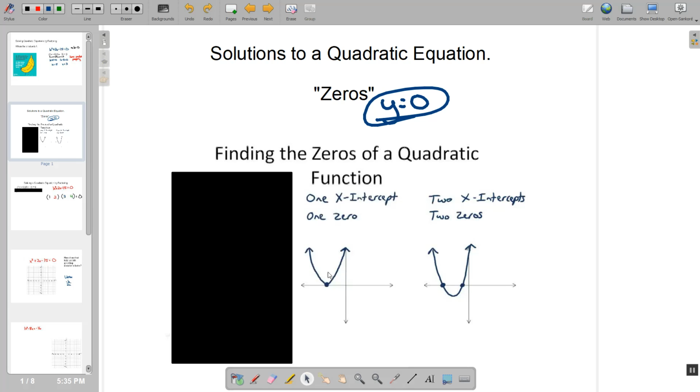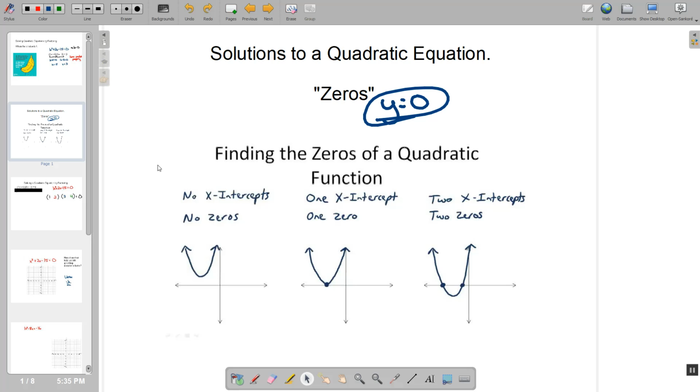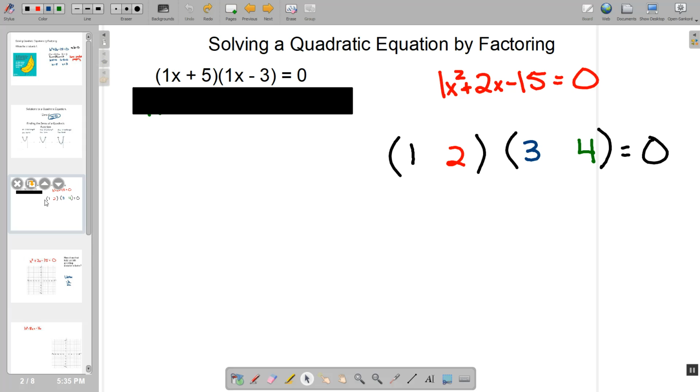If it just touched the axis, it had one solution or one intercept. And sometimes you couldn't solve the problem because it never hit the axis and therefore had no zeros or no solutions.